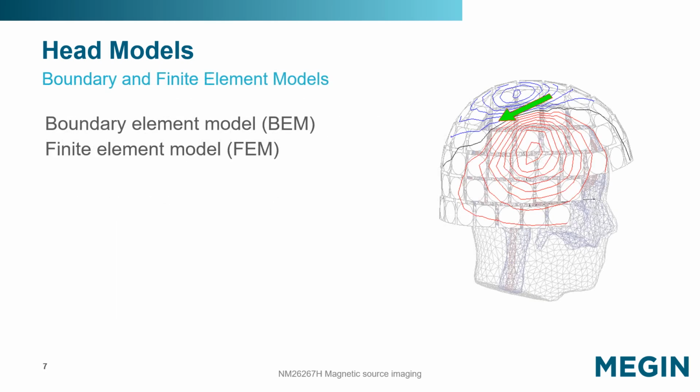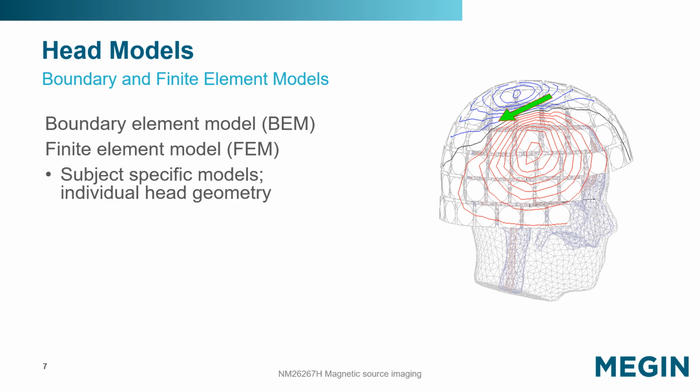There are more realistic head shape models that can be used which take into account individual head geometry. These are known as boundary and finite element models, known as BEM and FEM respectively. These usually employ a subject-specific model based upon the individual head geometry.